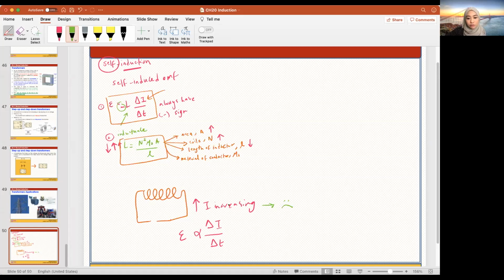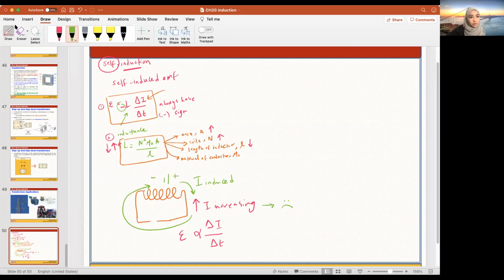So what should the inductor do? It will try to push the I. This is your induced I. Okay, so we have your I flowing through here, so I can label my induced EMF this way. This is the positive, this is the negative.